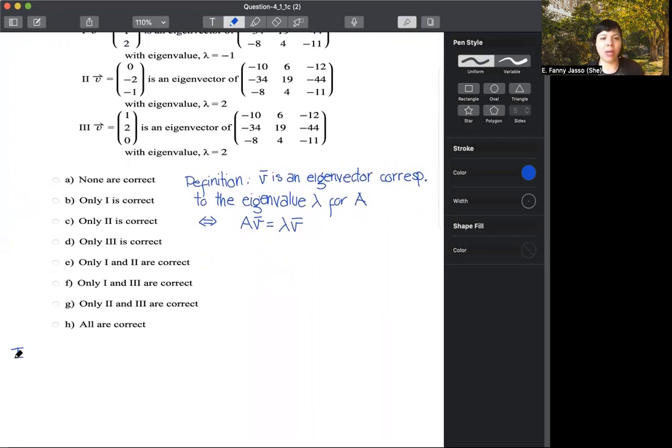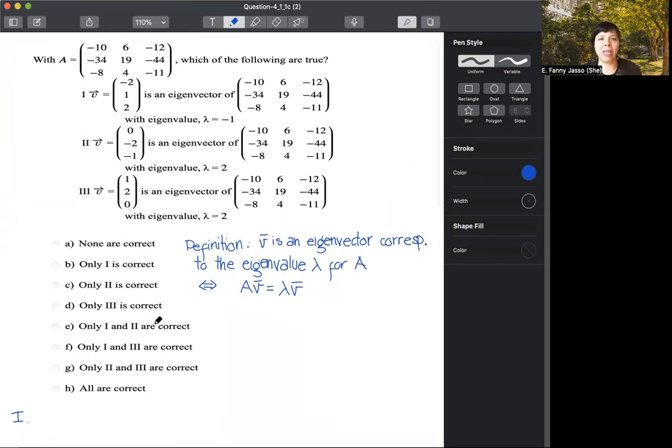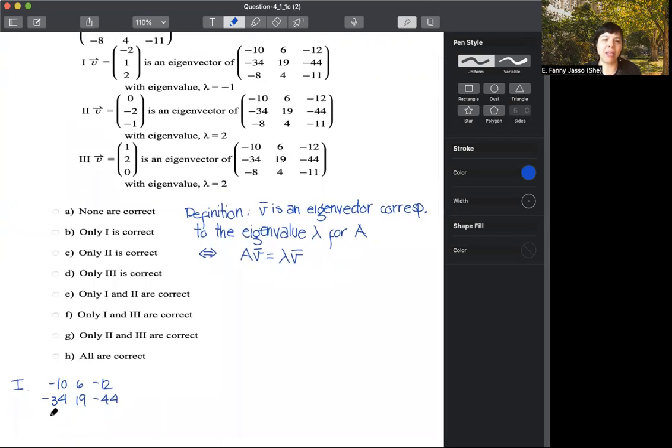So for case 1, let me copy here my matrix: -10, 6, -12; -34, 19, -44; and -8, 4, and -11.